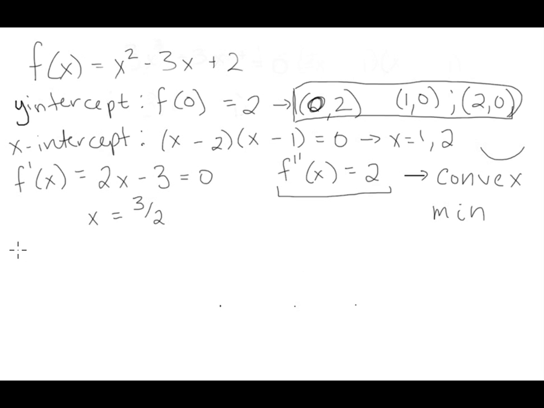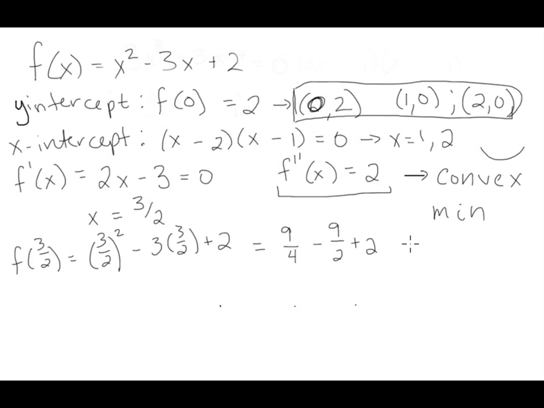So I'm going to plug in the value of 3/2 into my function. I get 3/2 squared minus 3 times 3/2 plus 2, which is equal to 9/4 minus 9/2 plus 2.